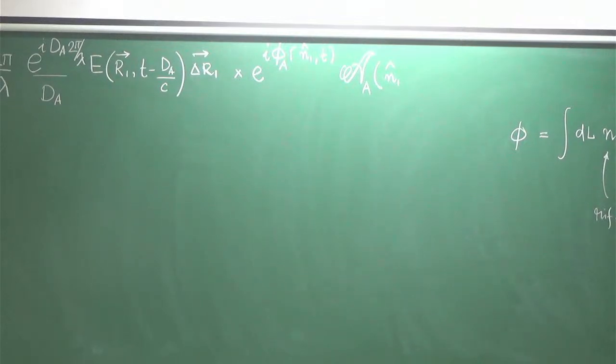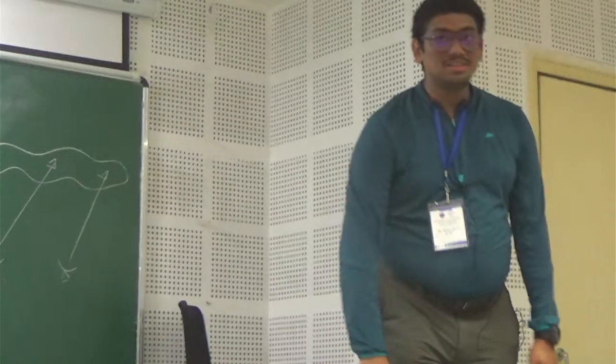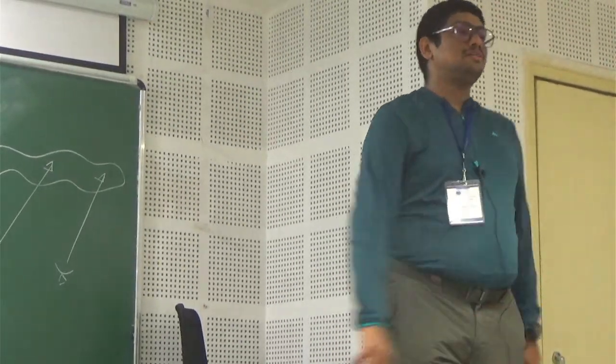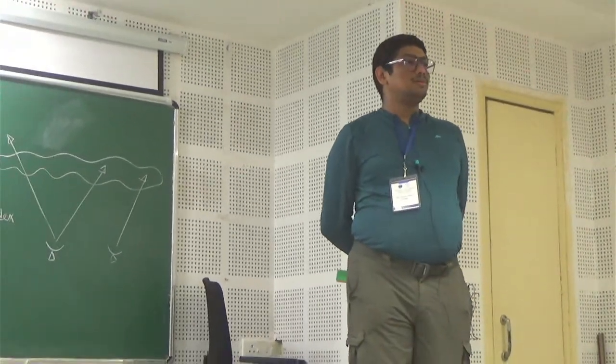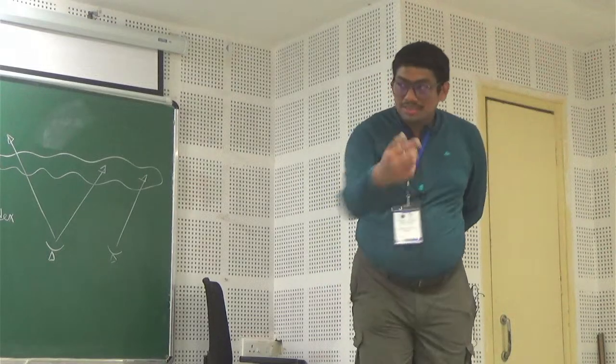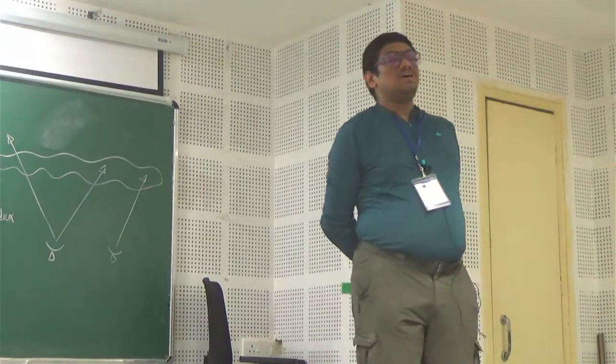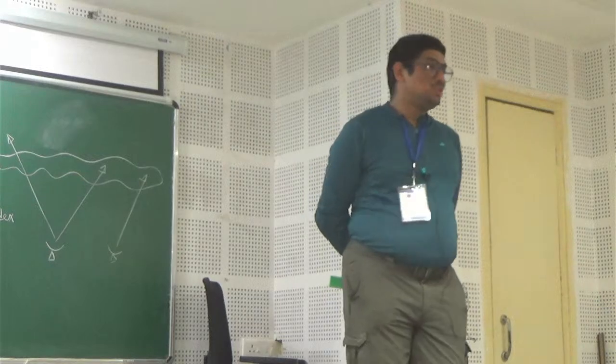Can it be a function of time? Yes or no? Right. What is this? The antenna beam pattern. Okay, so let me tell you why it will be a function of time and why it will not be. Why it will not be first.